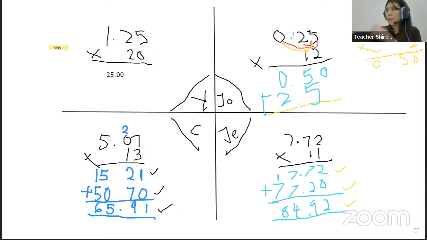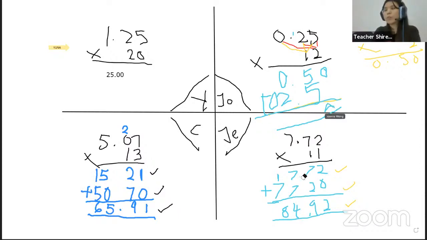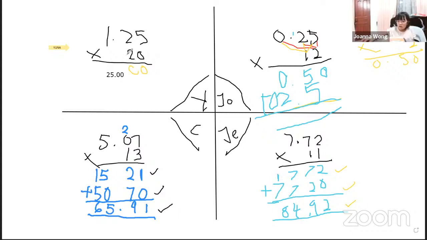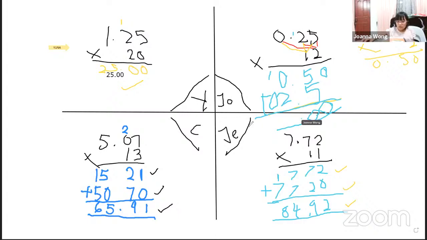Total it up. Okay. Jensen, same issue. This one, remember when you multiply, don't write the decimal in the center. Only write at the end. There is a reason behind which I'll cover tomorrow. Okay, the decimal don't write in front. Okay, Yuna. 5 times 0 is 0. 5, 2. 1, 2, 2, 3, 25. 0, 0, point 3.